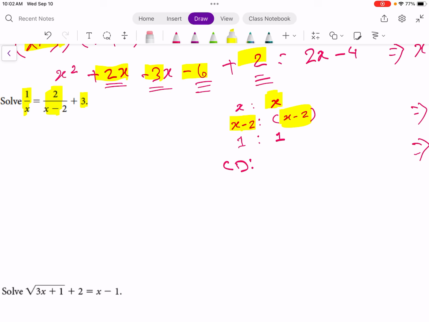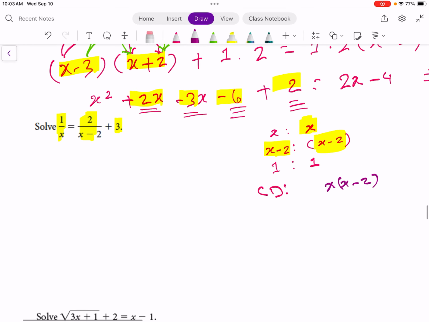So x and 2 are not factors of x minus 2. There is nothing common, so we write down each factor as our common denominator. So we have 1, then x, then x minus 2. Or you can get rid of 1, right? 1 times x is x. So our common denominator is x times x minus 2.